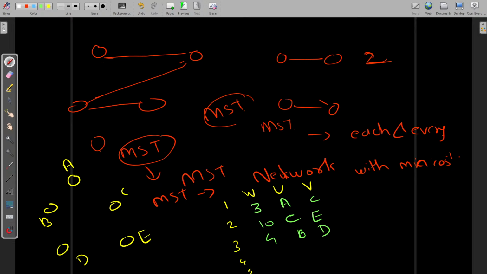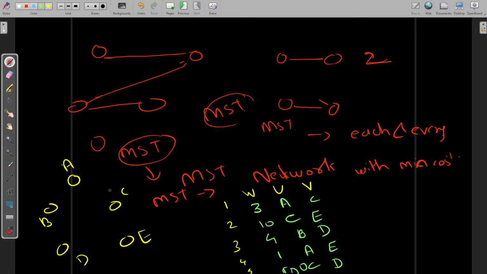And then we will have A to E with cost being 1. And we will also have another edge, from C to D with cost 100.